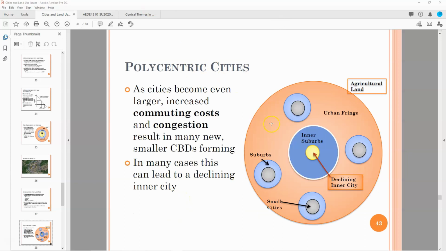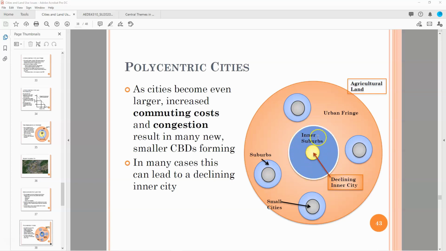Then we jump to our third city pattern, the polycentric city. As cities become even larger, increased commuting costs and congestion result in many new, smaller CBDs around the original CBD. So as we can see, this larger circle represents the original big CBD.